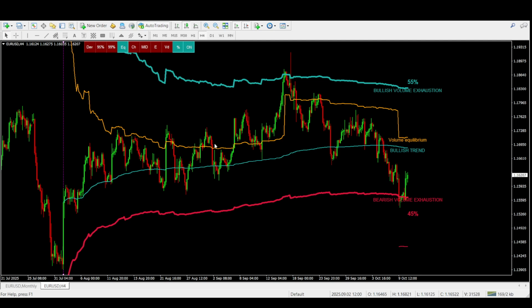The trend from this initial point to the bullish volume exhaustion completed, and the market dropped in the volume area of the bears. This is a signal that you should exit. The market dropped here in the bearish area, checked exactly the equilibrium, and proceeded with the drop.